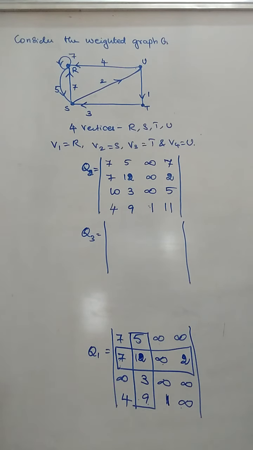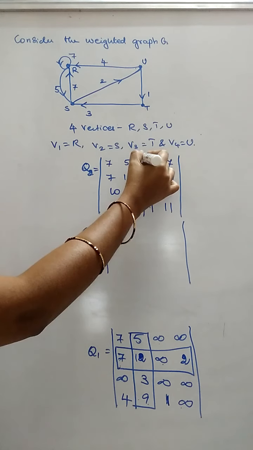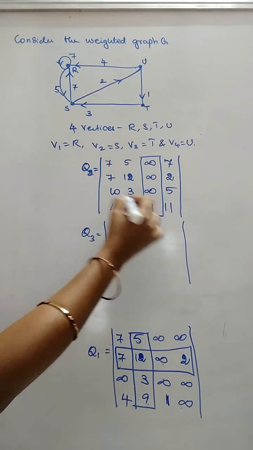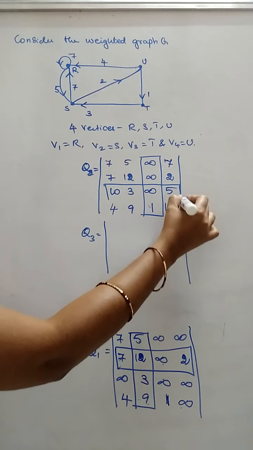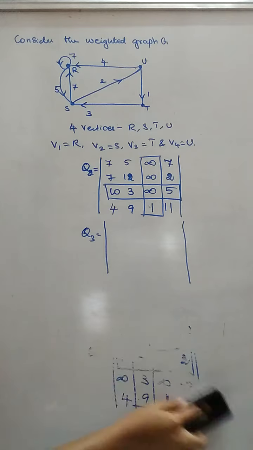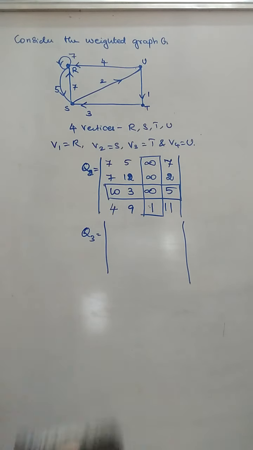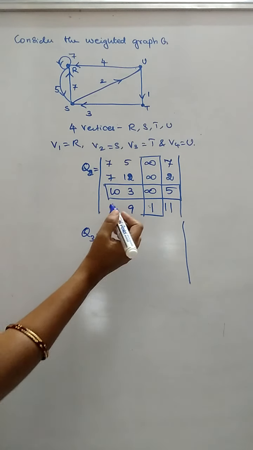Okay. So from this Q2 matrix, I am going to derive Q3 matrix. So while deriving Q3 matrix, I am just going to take the third column and the third row. Since I have taken the third row and third column, the same process has to be repeated again.